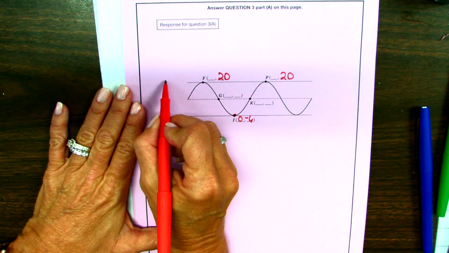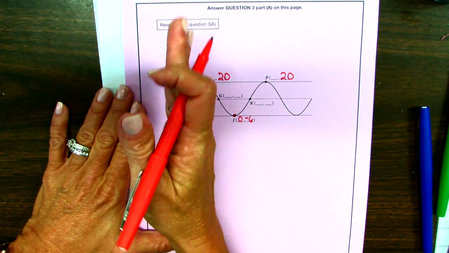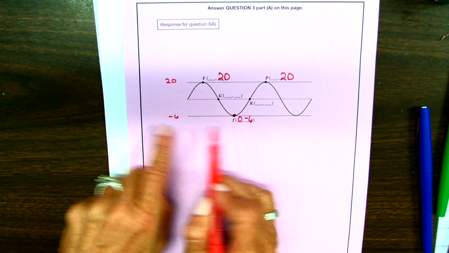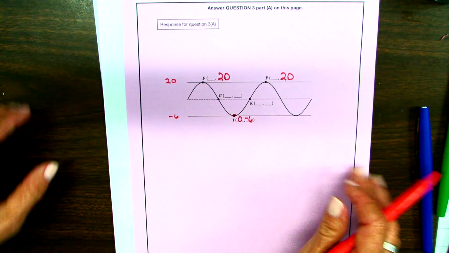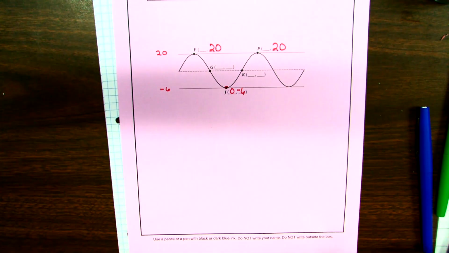You don't have to write this on the graph, but we have a y-axis over here where we're at 20 for our max and negative 6 for our min. Really, we don't need the question anymore. We're done with the question. We don't need anything else out of that. The rest of this is basic arithmetic.